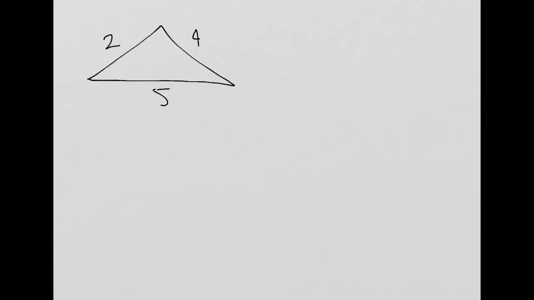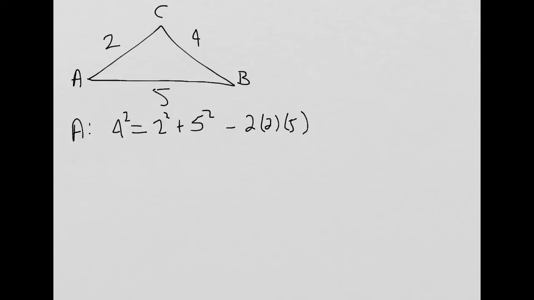Probably not a right triangle, and I will label these A, B, and C. And I know that if I need to find A, 4 squared should equal 2 squared plus 5 squared minus 2 times 2 times 5 times cosine of A.